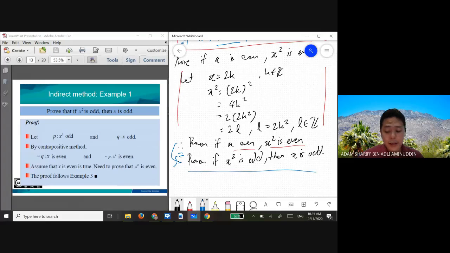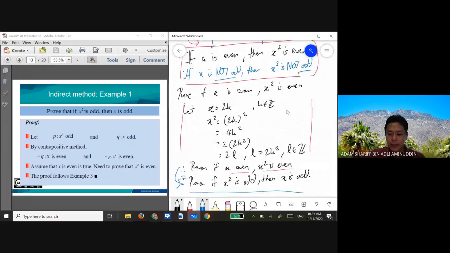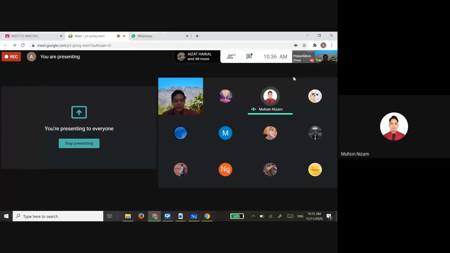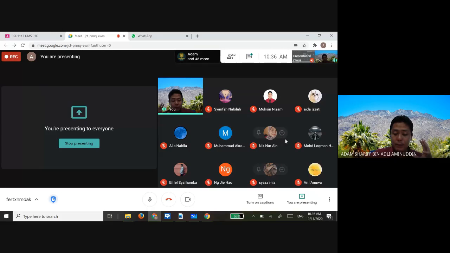So ada soalan? Saya tunjukkan keseluruhan. Sir, boleh? Kiranya kalau indirect proof dia kena ada dua conclusion lah. Yes, because the actual proof that you want to show is if x squared is odd, itu yang kita nak tunjukkan sebenarnya, bukannya yang even tu. Okay?